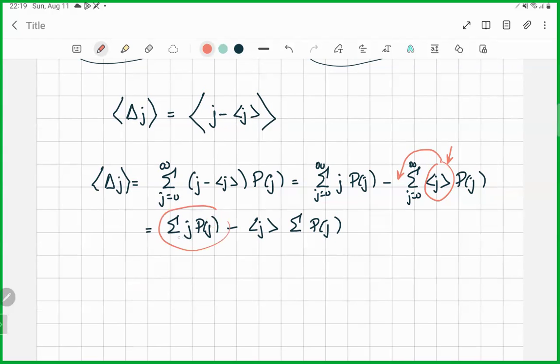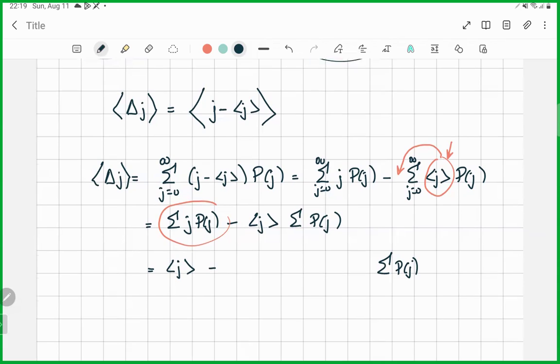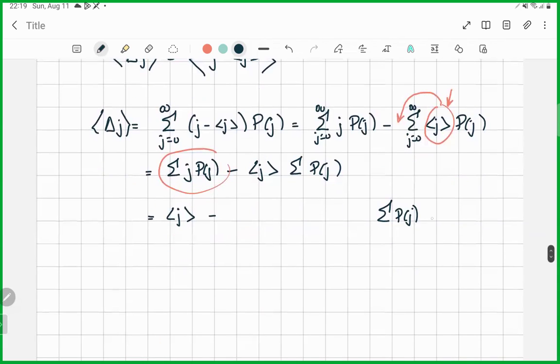So what is this first term here? Well, this is the definition of the expectation value, of the mean. How about that second term? Well, what is the sum of all probabilities? You can pick that previous example that we showed. The sum of all probabilities has to be 1. We always have the probability that a person will have a certain age.